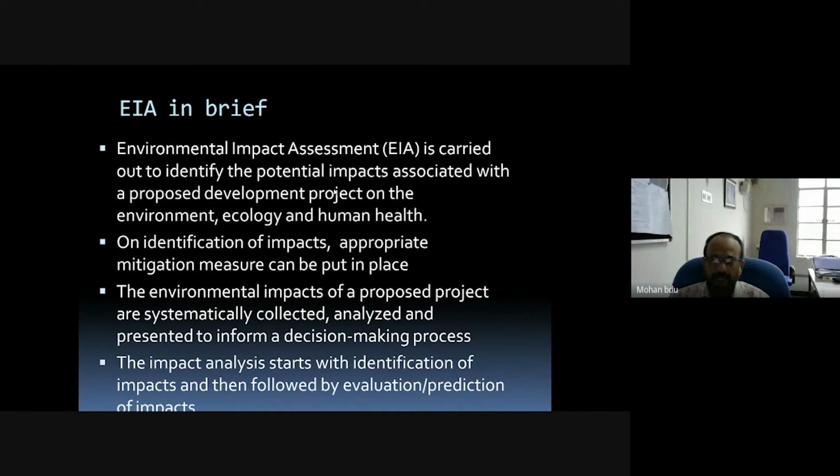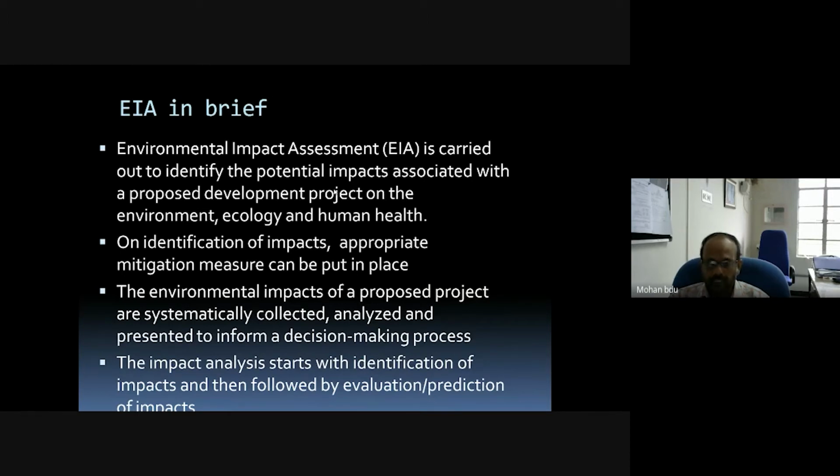Basically the impact assessment starts with the identification of impacts, followed by the evaluation and prediction of impact. The baseline parameters like air quality, water quality, soil status, land use pattern, all these environmental attributes will be studied before the commencement of the project.